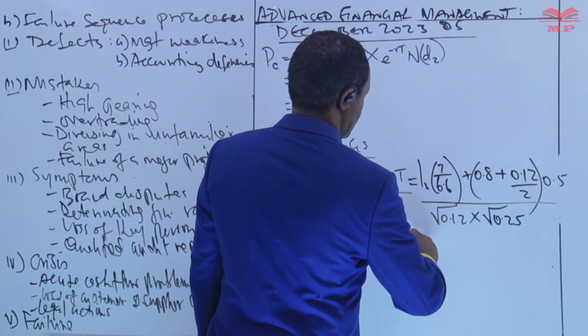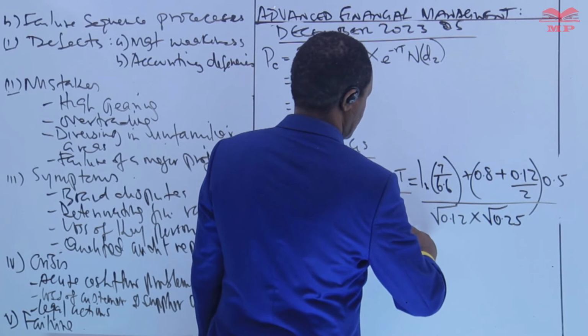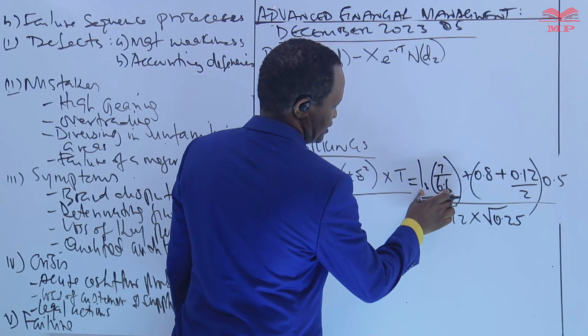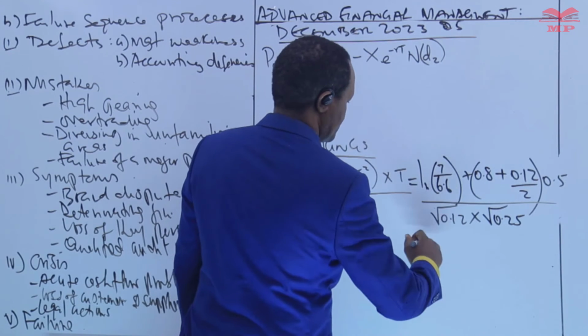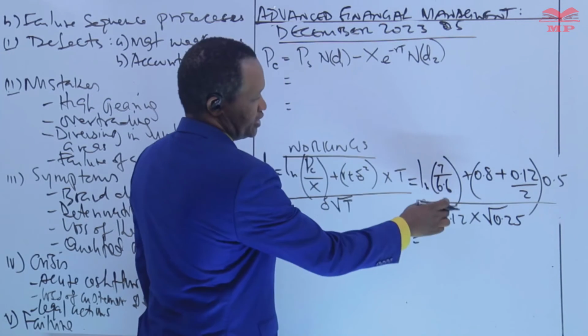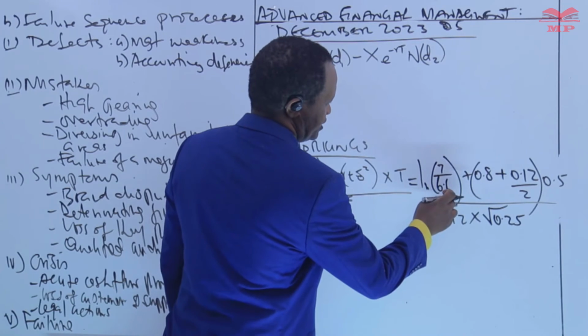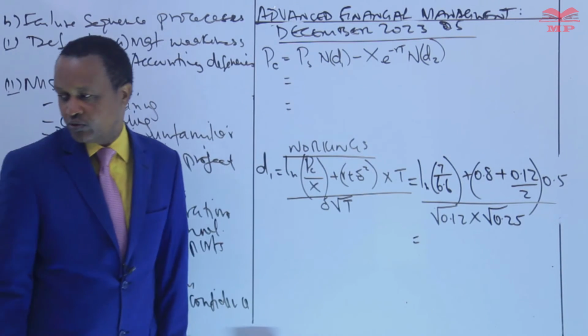So what is the natural log here? Ayak, give me the natural log of 7 divided by 6.6. What is the natural log?